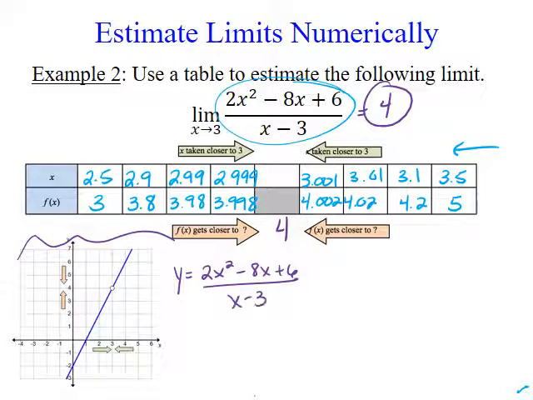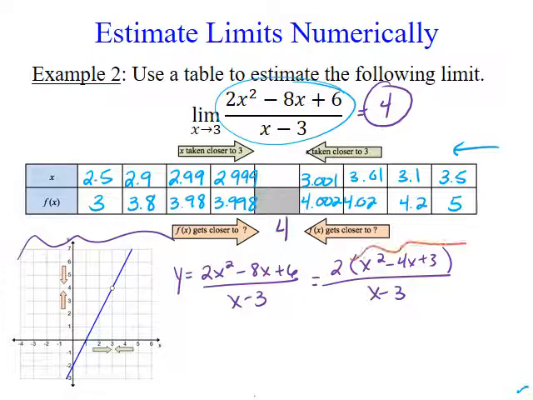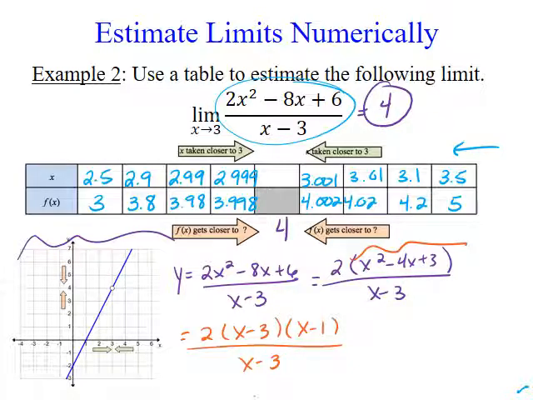If I start off with this function, and I factor the numerator, the first thing I'll do is factor out the GCF, and then factor what's remaining. Hopefully you are comfortable with factoring. When I factor that, I have x minus 3 times x minus 1.